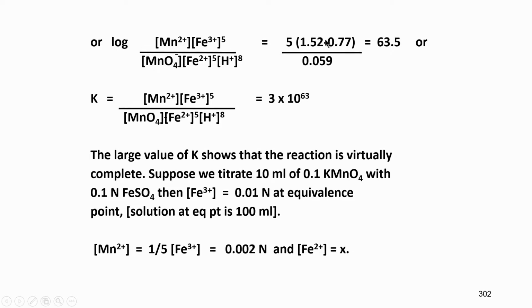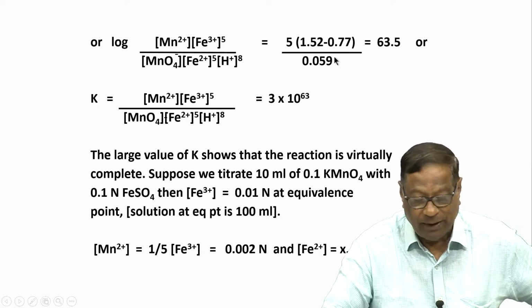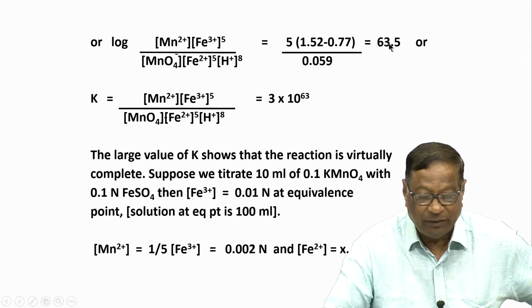These are the E naught values. There is no magic there, divided by 0.0591. So, that will be 63.5, that value.